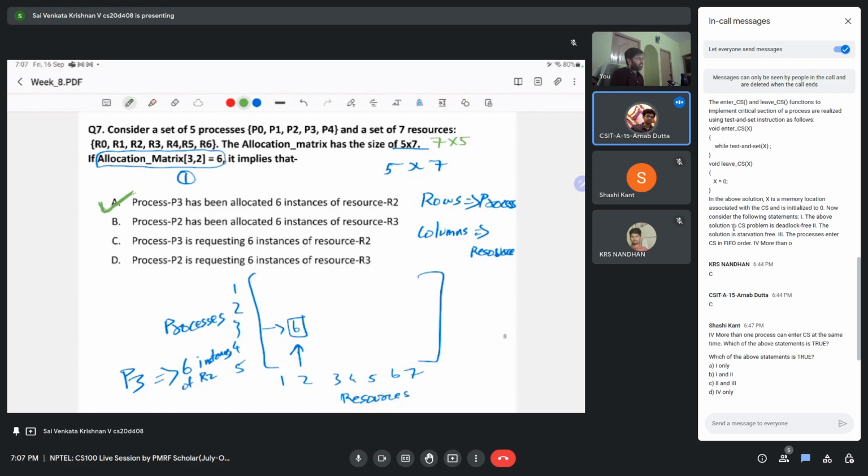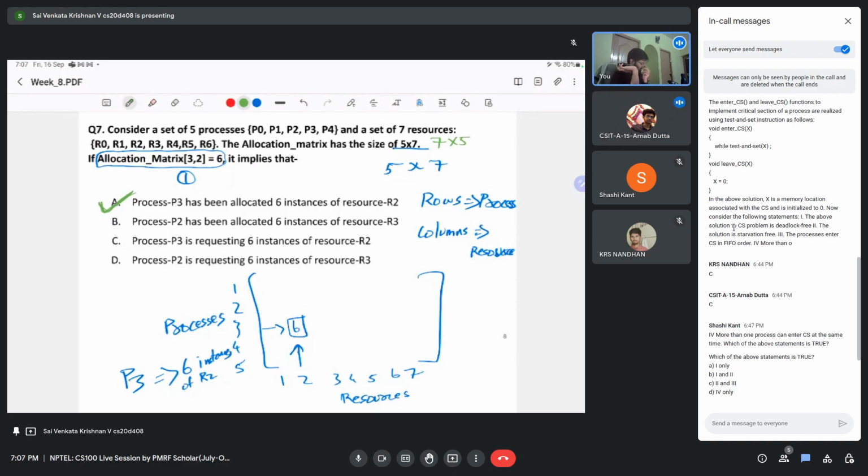Here it has been written that process P3 has been allocated 6 instances of resource R2, but I think instead of R2, it should be R1. Because in the allocation matrix it is given 3 comma 2, so if I start indexing from 1, then 1, then 2, which means R1. I get your doubt.